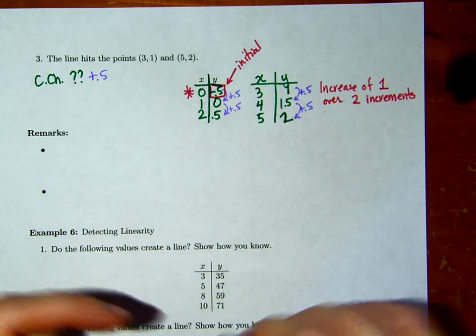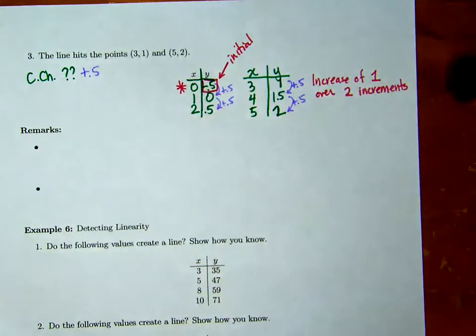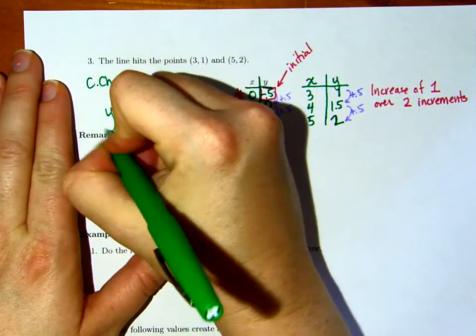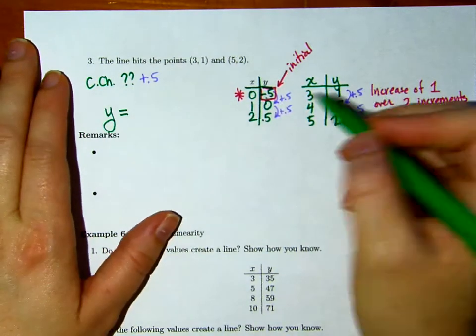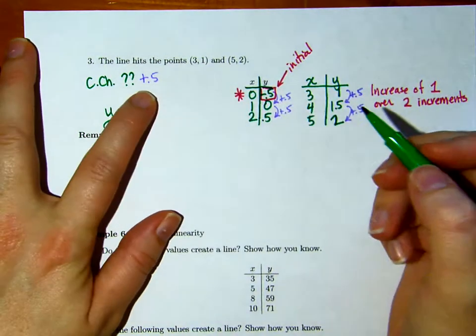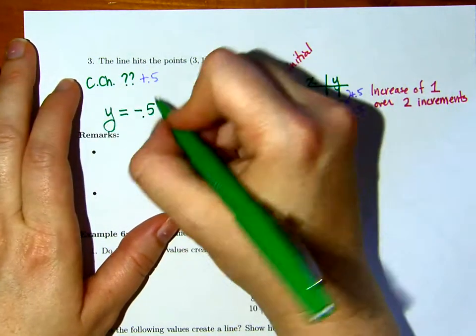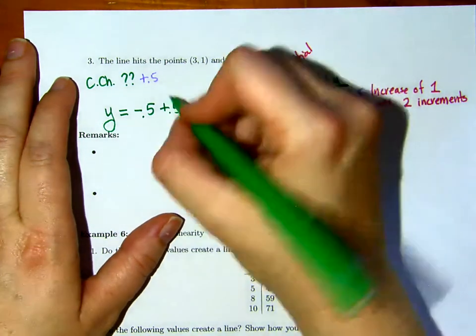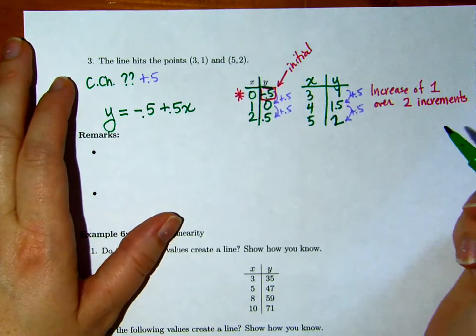And we also backtrack to 0 in order to find our initial. So now we have both things that we need to write our equation. It is initially negative 1/2, and it is constantly increasing by a half however many times.